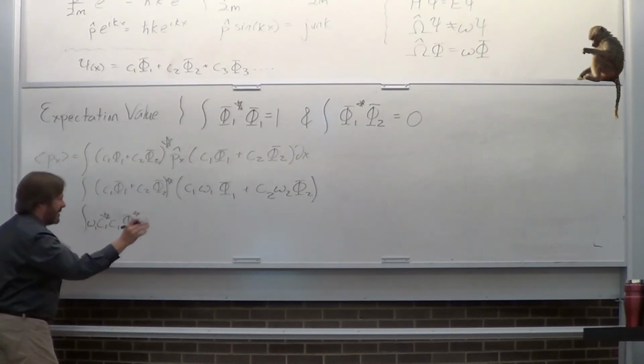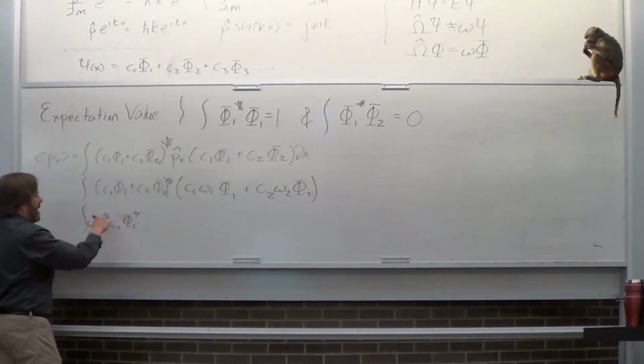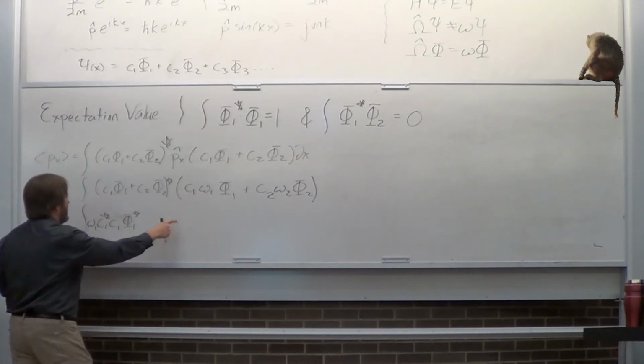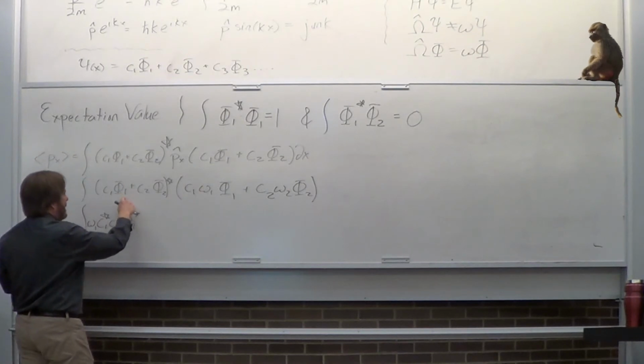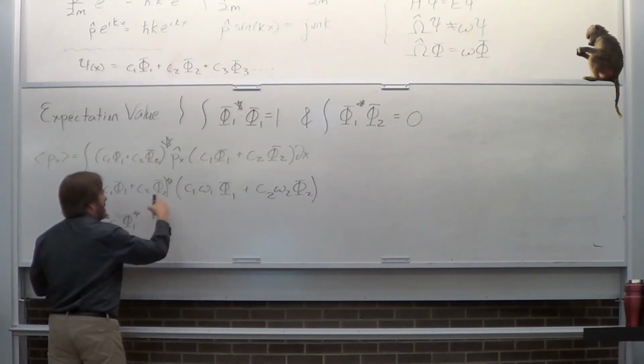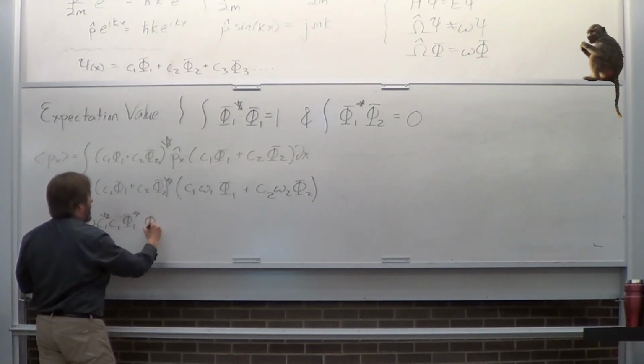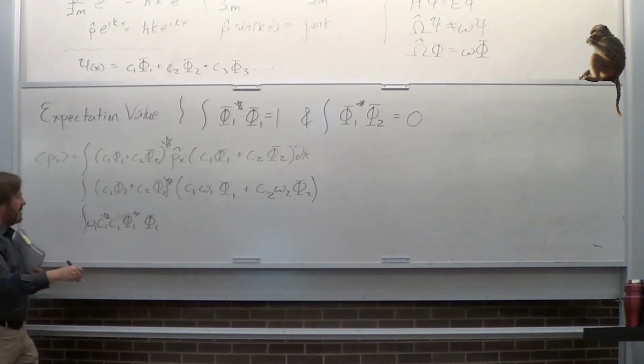Okay, hold on, I've got to go slower. C1 star, C1, omega 1. Sorry, this isn't hard, it's confusing. It's just that there's a bunch of stuff.